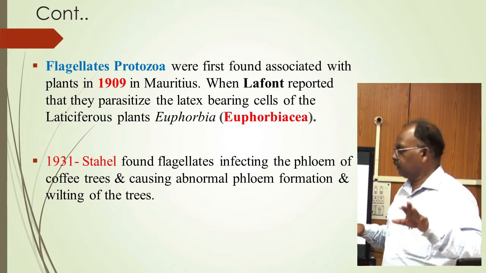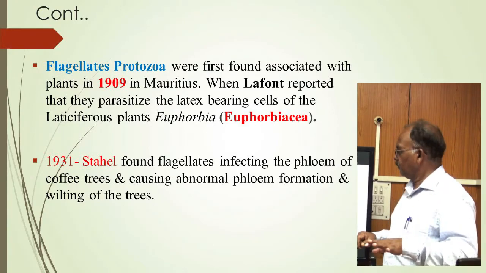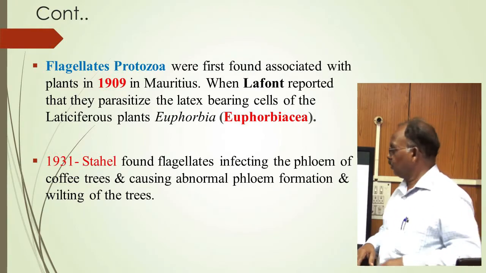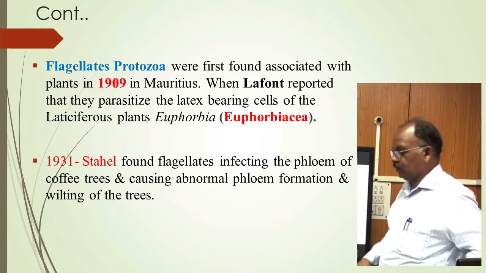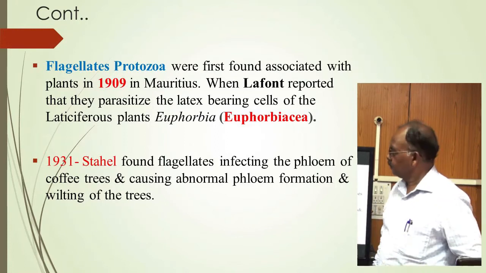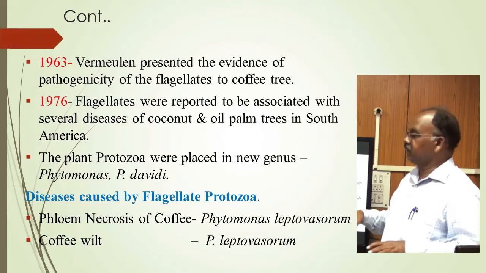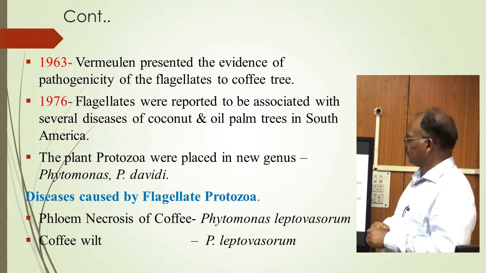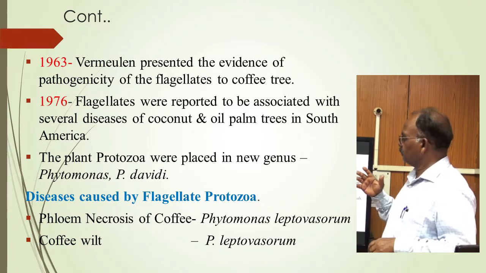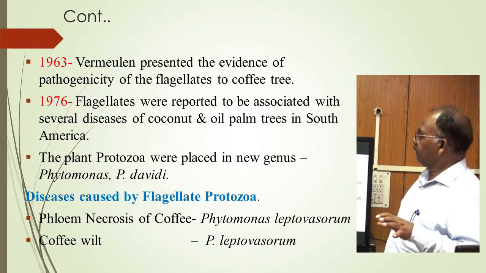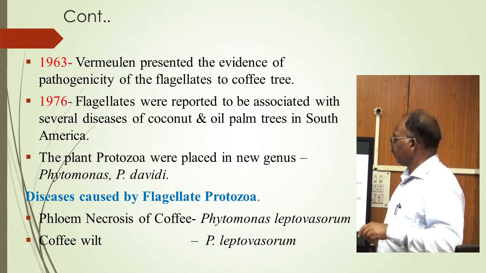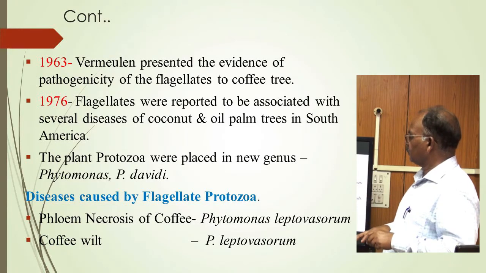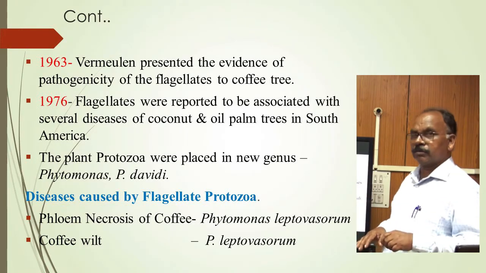In 1931, Stahel found flagellates infecting the phloem of coffee trees and causing abnormal phloem formation and wilting of the trees. In 1963, Vermeulen presented evidence of a pathogenicity test of the flagellates of the coffee tree. In 1976, flagellates were reported to be associated with several diseases of coconut and oil palm trees in South America.